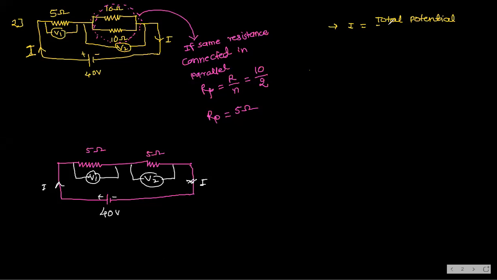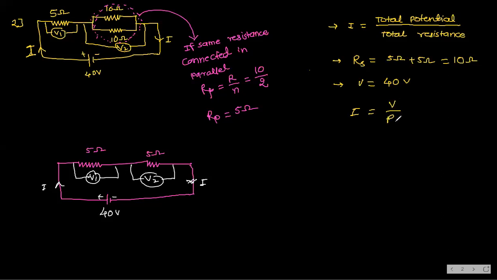The first resistance is 5 ohm and the second is 5 ohm; these two are in series, so the total is 10 ohm. The potential V is 40 volt. Then I is equal to V by R, which is 40 by 10, so this is 4 ampere.